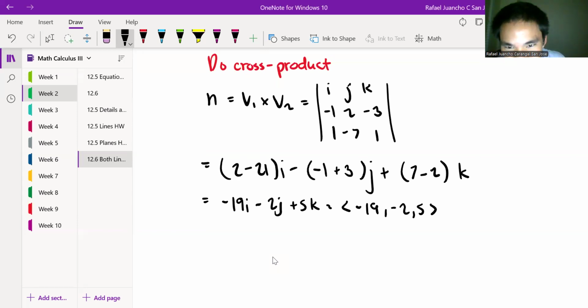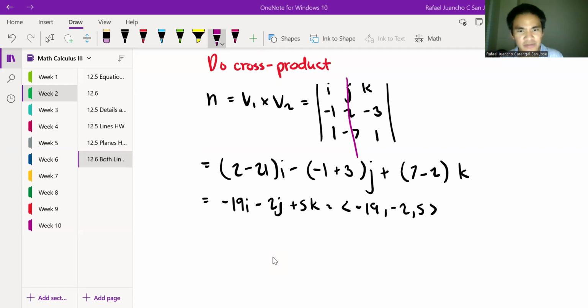Wait a minute. Okay. Wait, oh my God. I'm messing up something so bad. Wait. Negative 1 times 1 is negative 1. Minus negative 3. 3 minus 1. 3 minus 1 is 2. What do you mean?